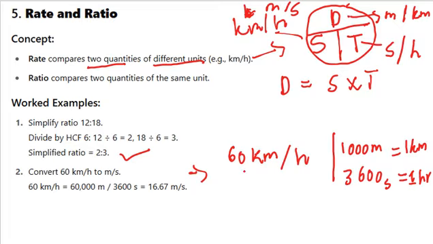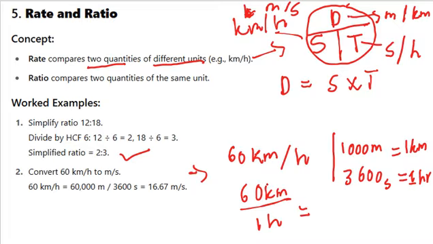So if you check this 60 kilometers per hour, it's more like a fraction of 60 kilometers, I'm writing this in a different way, over 1 hour. If you simplify this, you're going to change kilometers into meters.